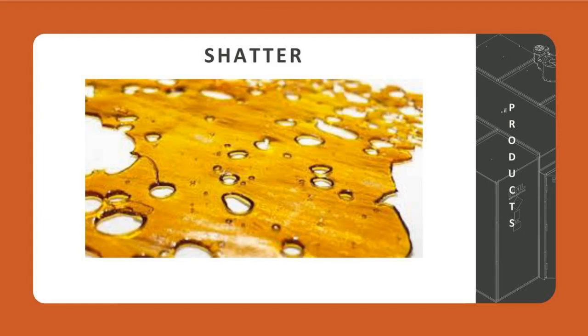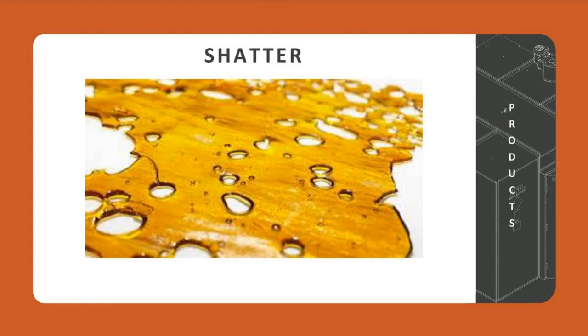What will happen is the vacuum will actually pull those remaining hydrocarbons out of your solution. And as it stabilizes and those hydrocarbons are pulled out, the concentrate turns hard, takes on a glassy appearance and consistency, which is why it gets the name shatter, and will stabilize into this consumer-friendly product.